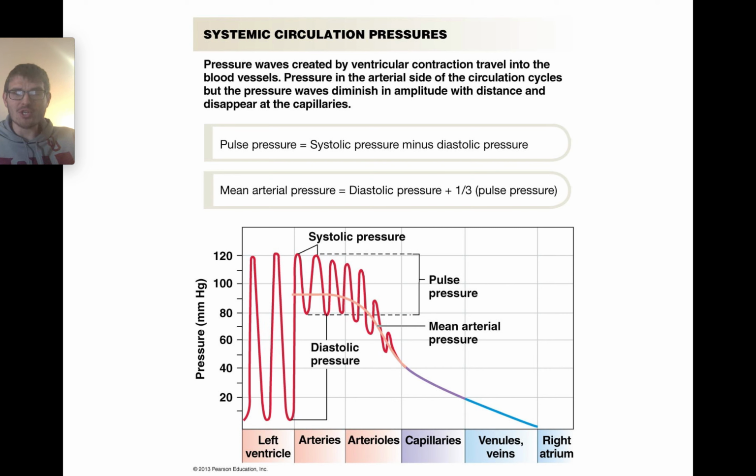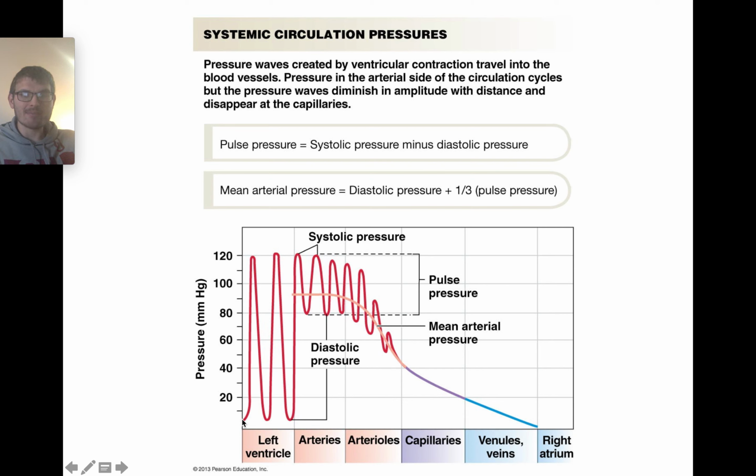In this picture, you can see the way that blood pressure in different areas of the body can tend to fluctuate a little bit. If you start on the left side of this diagram in the left ventricle, you're seeing exactly what we talked about in the cardiac cycle in chapter 19.